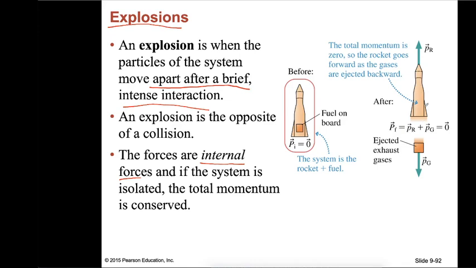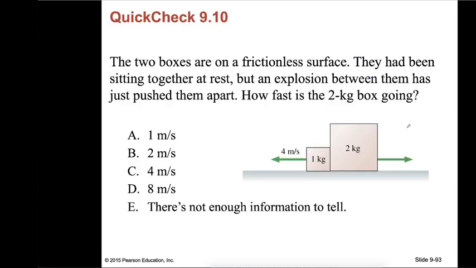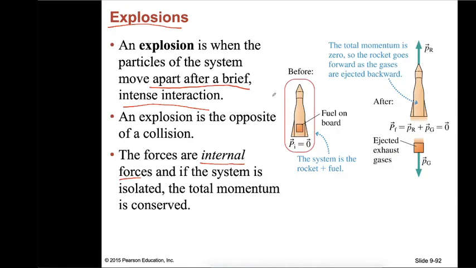So that's an explosion. And their total momentum should not change because if we don't consider the external force, and only consider the internal force, then the change of the momentum is zero. Okay, so that's the explosion.